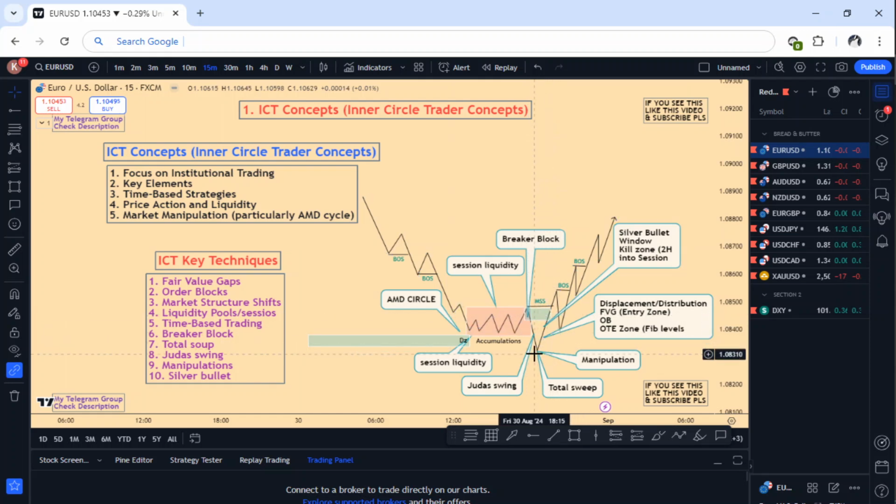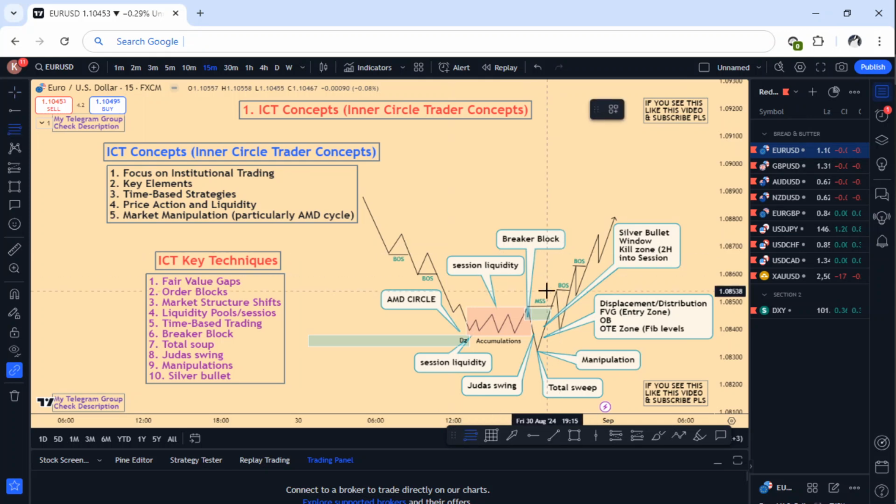Now in this movement you are seeing here, this is where most ICT traders get into the market, because it has collected liquidity, has done manipulation, and then it is displacing heavily, leaving behind a fair value gap, which is mostly their preferred entry, and the order block down below the fair value gap. So some will use OTE zones.